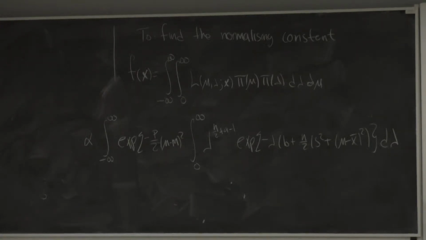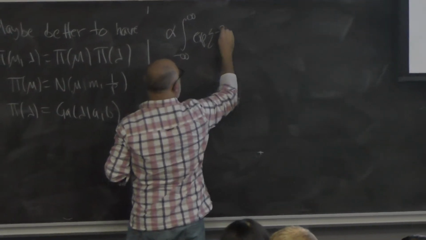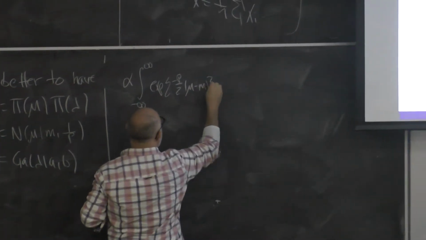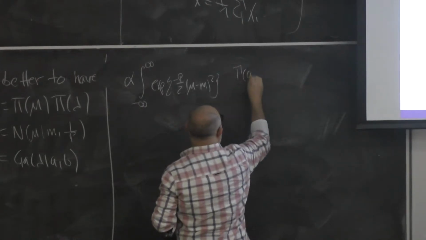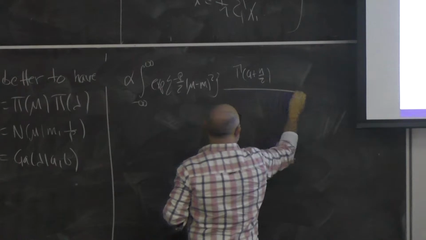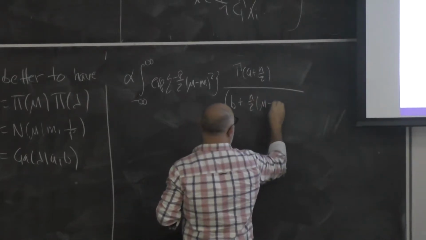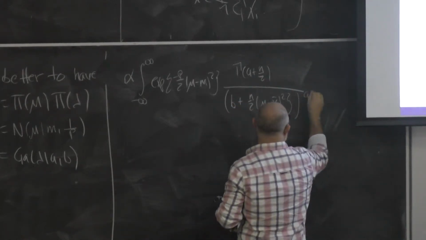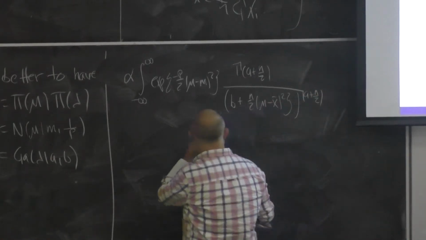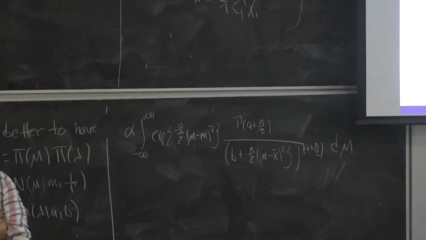So that will be proportional to the integral from minus infinity to infinity of exp of minus p over 2 times mu minus m squared, times that integral, and that integral will be gamma of a plus n over 2 over b plus n over 2 times mu minus x bar squared, to the power of a plus n over 2. Hopefully you'll be able to see that.